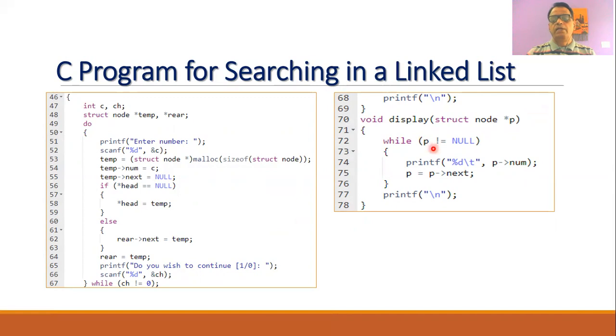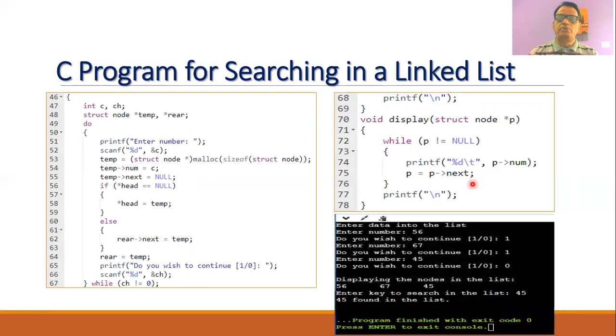For displaying the values, we can make use of a while loop, and we will check that the pointer is not equal to null. And then we will display the numerical value or data value of each node, and then we will set the pointer to the next element.